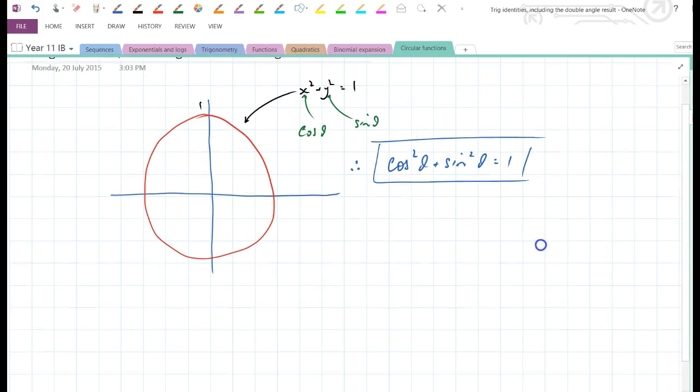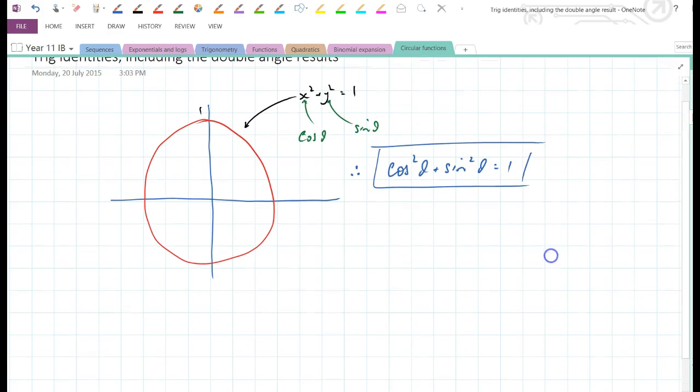Okay, so moving forward from there, I might use my same little circle here just to establish my first little double angle result. So if I drop a vertical down there, which will be because this angle in here is theta, as is that, making this whole angle here 2 theta.